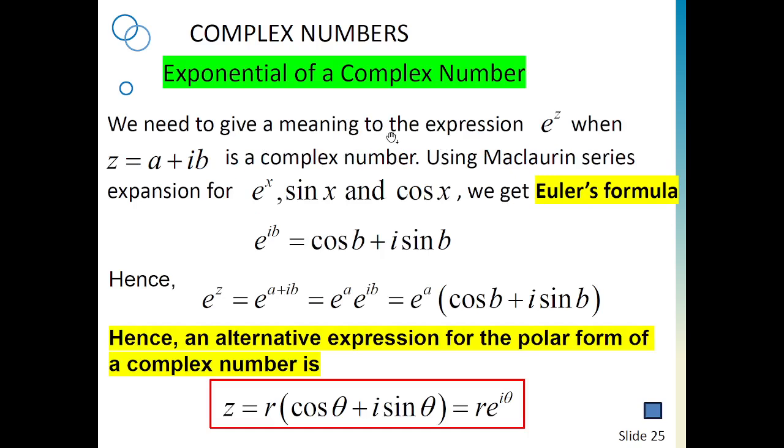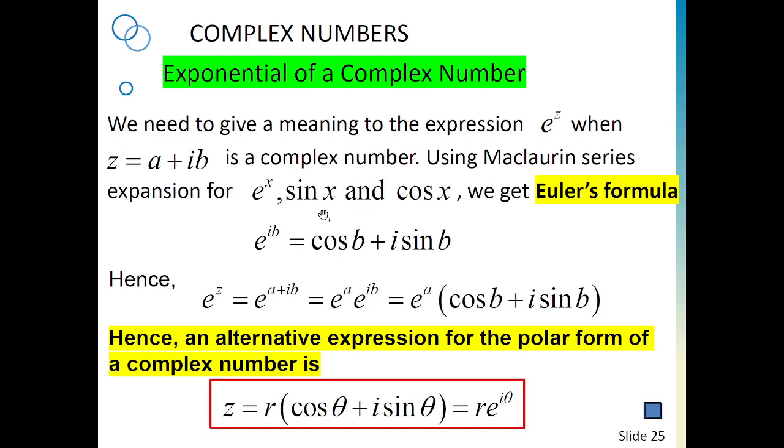Another way to write the complex number is using Euler's formula. Just to see how we get there: if I put a complex number as a power of the exponential, what happens? We can go step by step, and we will realize that the exponential of a complex number results in something like this.